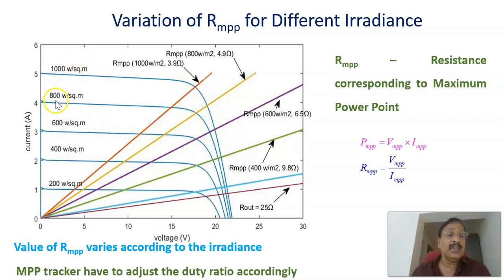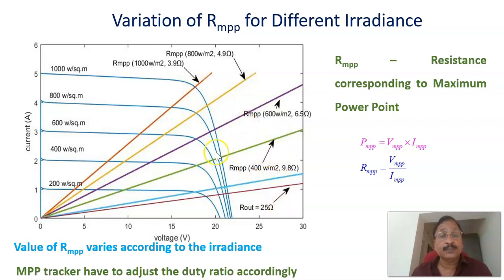Similarly, if irradiance reduces to 800 watts per meter square, again you draw a straight line from the origin to this knee point, and that slope is equal to RMPP corresponding to 800 watts per meter square. Therefore, we can see that the resistance increases as irradiance reduces.